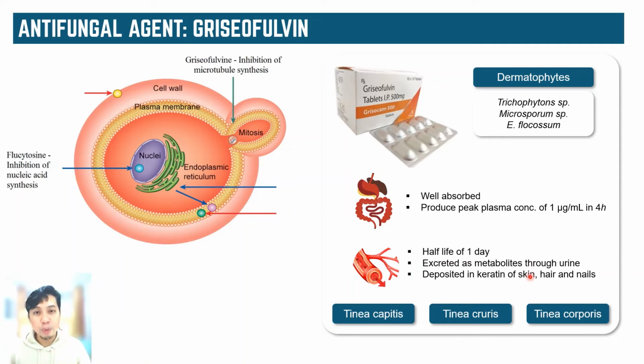It is absorbed orally, producing a peak plasma concentration of 1 microgram per ml within 4 hours. However, this drug is rarely used as it has been replaced by newer antifungal medications such as itraconazole and terbinafine.